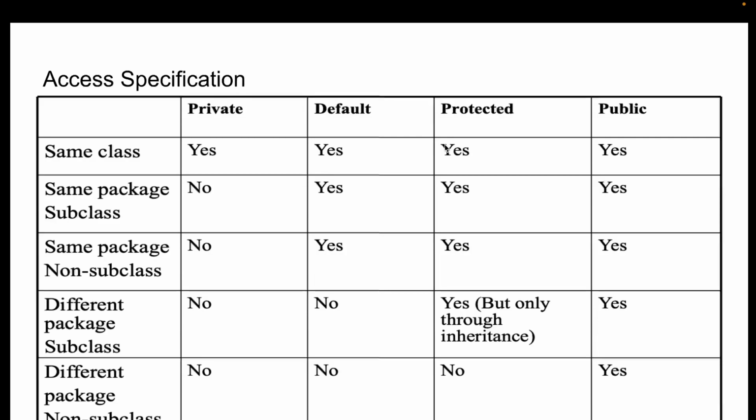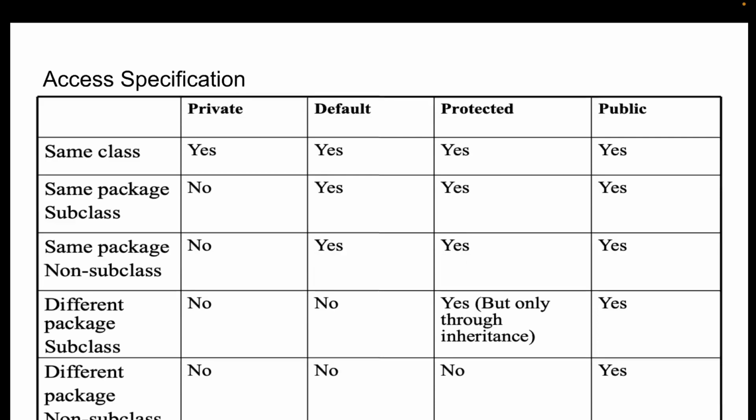It will be accessible within the same package subclass as well, and same package non subclass as well. A non subclass is a class which is not a child class of the parent class, and a subclass is a child class which inherits a parent class. So it will be accessible to all subclass and non subclass as well.